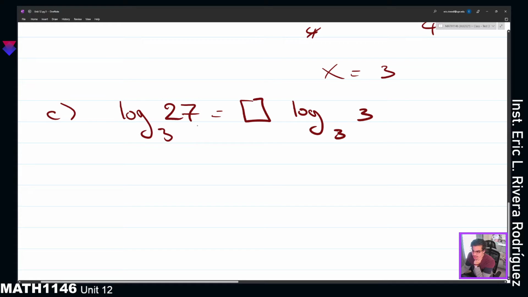So we are seeing that on the left side we have an argument of 27. Clearly 27, it is a power of 3. So we know that this side here will be equal to 3.